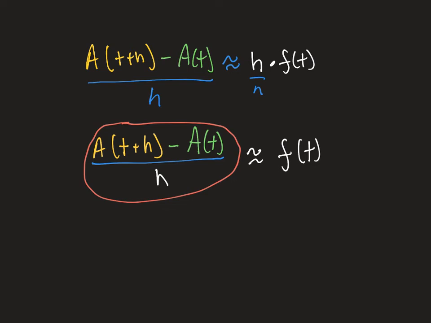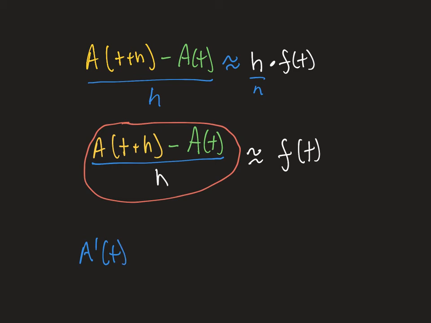because that was the basis for everything that we did in the first semester, right? So drum roll, please. Let me write out what this thing is. This is the difference quotient for the function a of t. And we know that when you take the limit as h approaches 0 of that thing, you get the derivative of a.